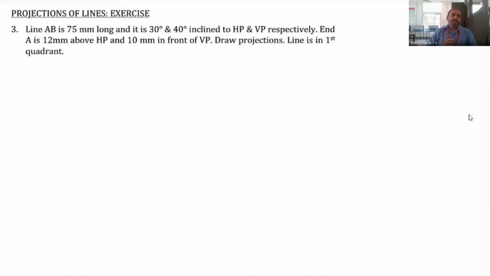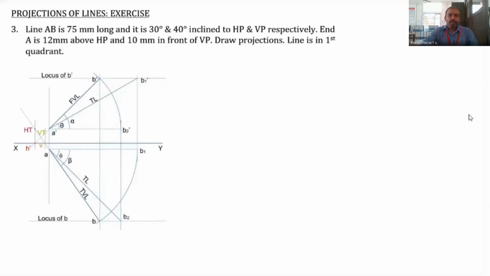So in this case, first we go for our base figure. Here in the base figure, the true length is given. So the true length is 75 millimeter. Here is 75. Here also it is 75.